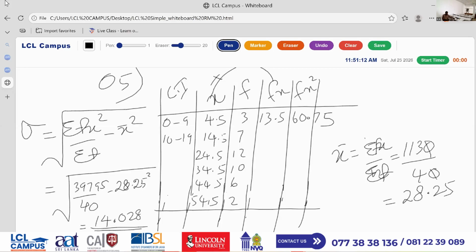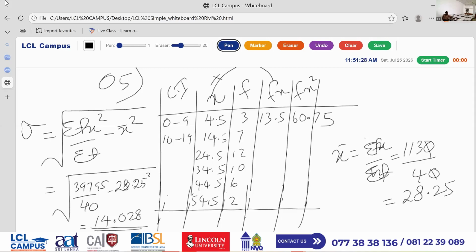Shift 1, 2. X bar is there, no? Take X bar, number 1, equals. What is it? 28.25. It's correct, no?